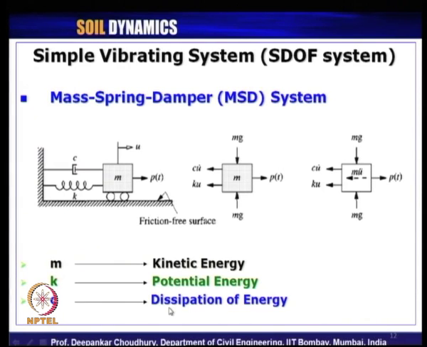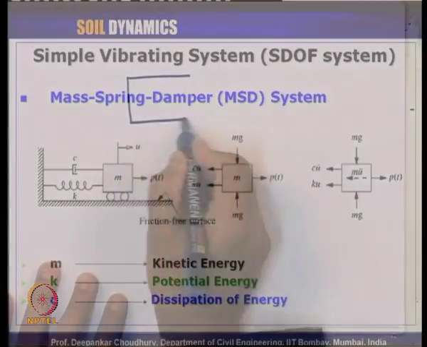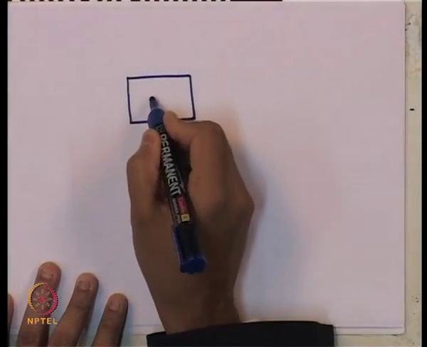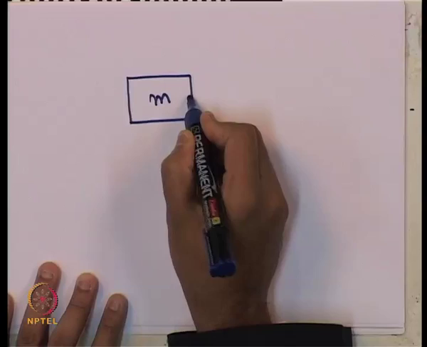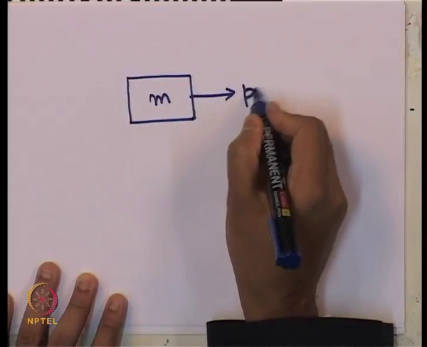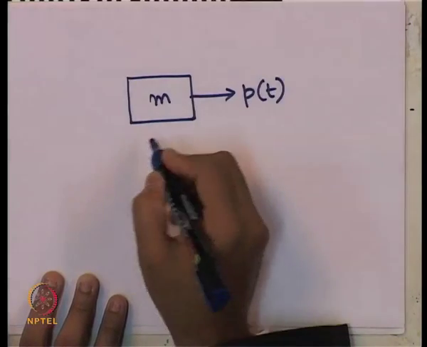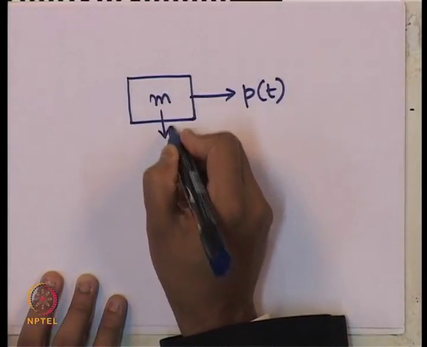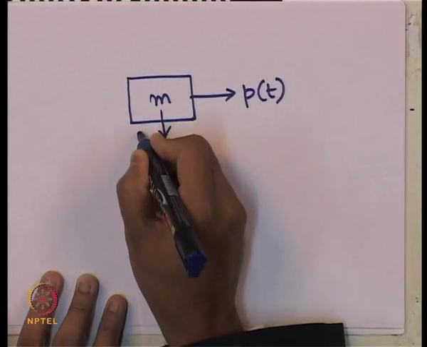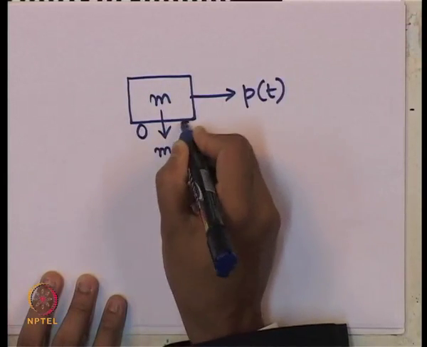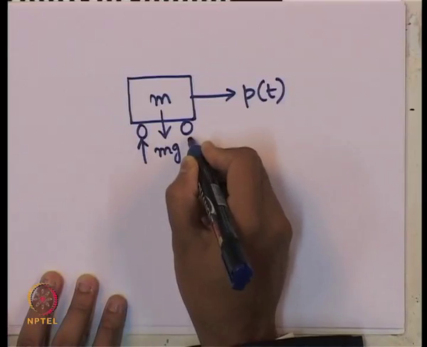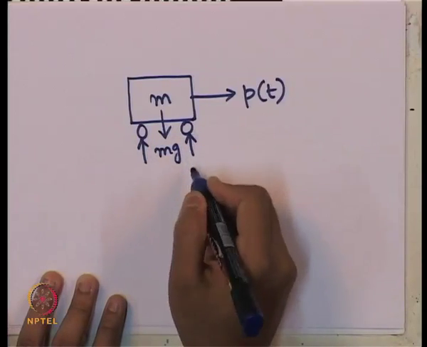Now, what we were discussing just now, let me redraw it here further, the free body diagram. This is the mass on which the externally applied dynamic load P of t was acting, and we have the weight acting vertically downwards, which is getting balanced by the static reactions from these rollers.